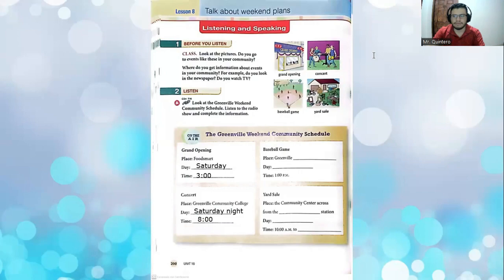About the baseball game, plays Greenville High in the day on Sunday afternoon. The time, 1 p.m. Yard sale plays the community center across from the fire station.